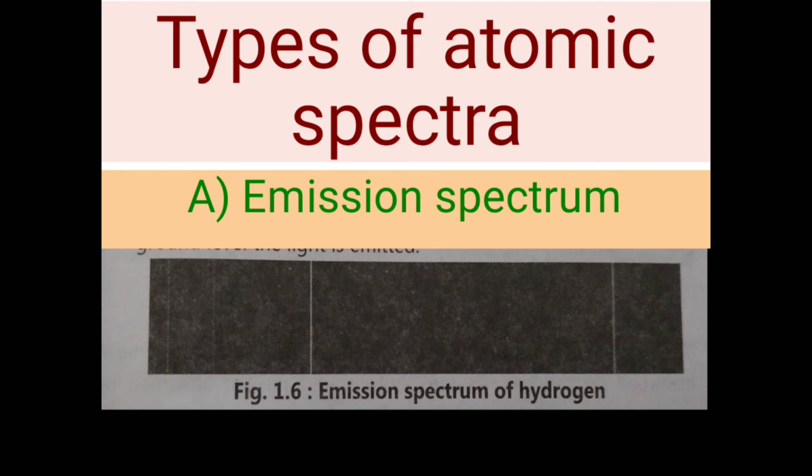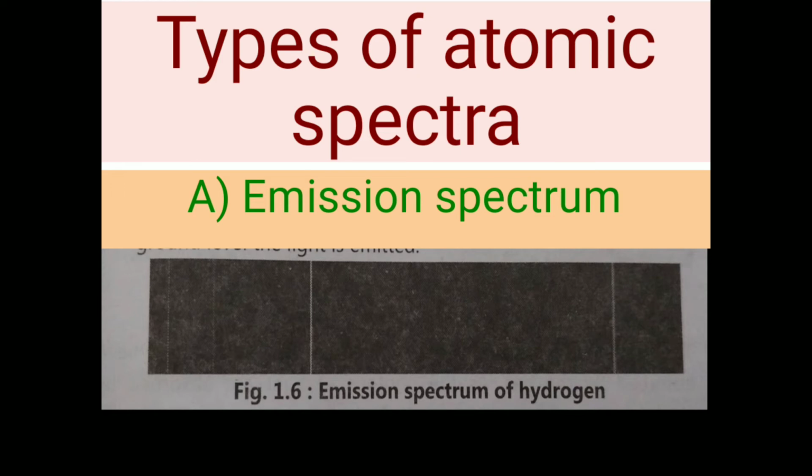Here in the figure, the emission spectrum of the hydrogen atom is shown. Light of some specific wavelengths was observed on the screen for the hydrogen atom, which is called the line spectrum or discrete spectrum.